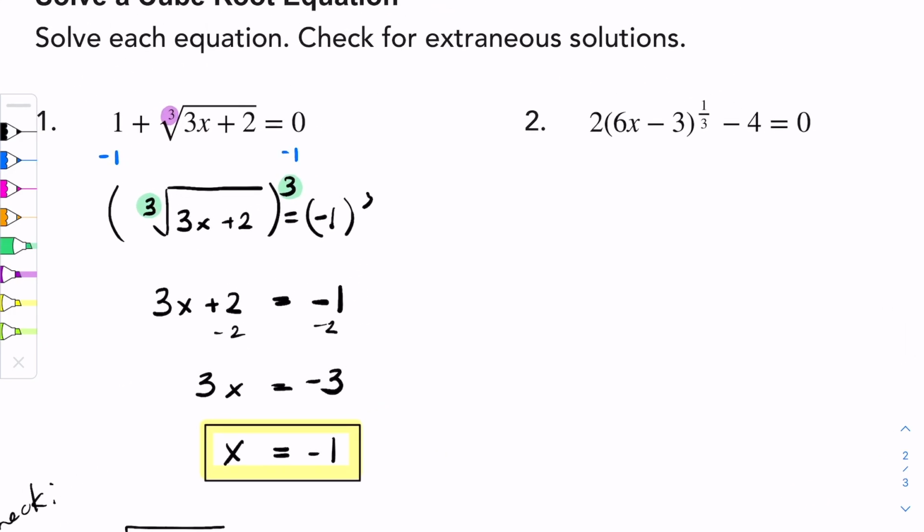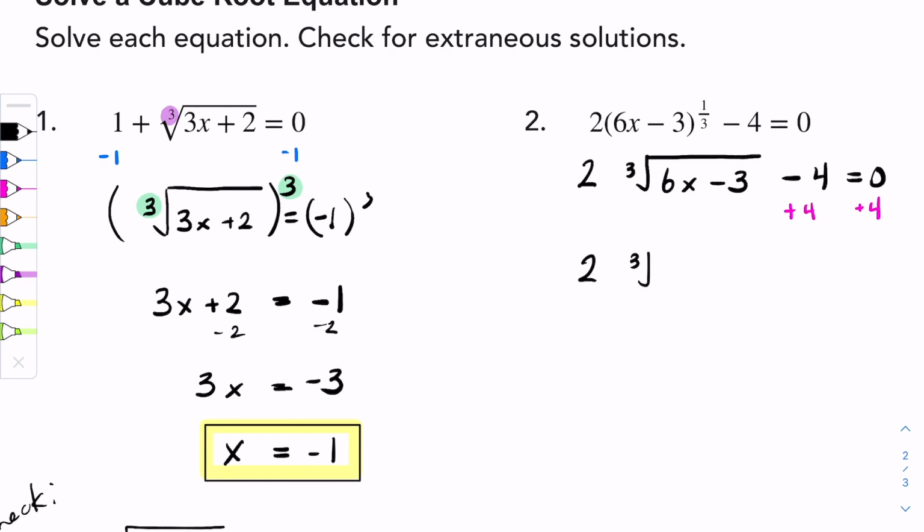And number 2 is in the form of an exponent. I'm going to change this to a cube root. So 2 times the cube root of 6x minus 3, minus 4 equals 0. We have to follow order of operations, so I need to add 4 to both sides. 2 times the cube root of 6x minus 3 is equal to 4.